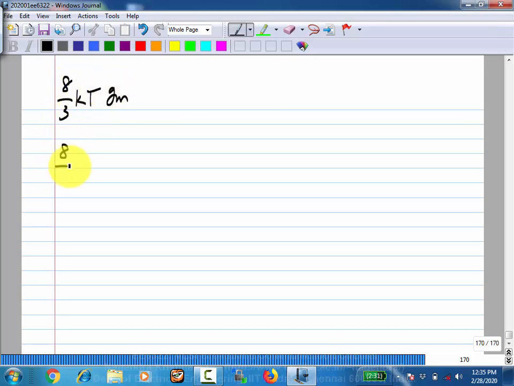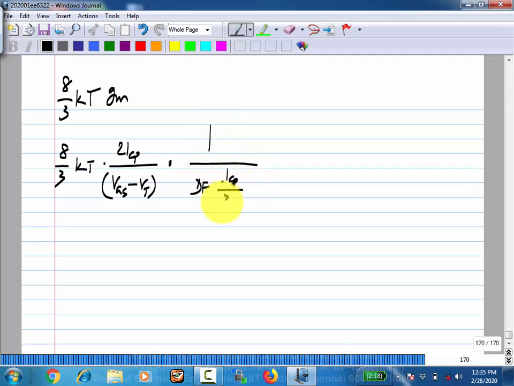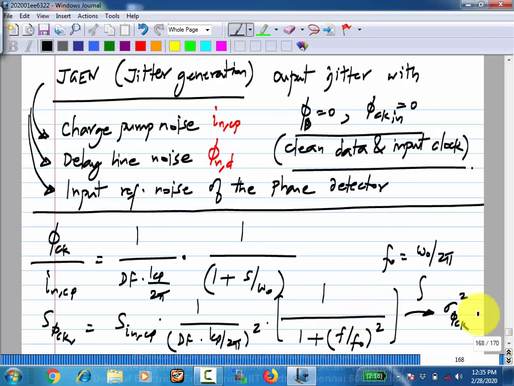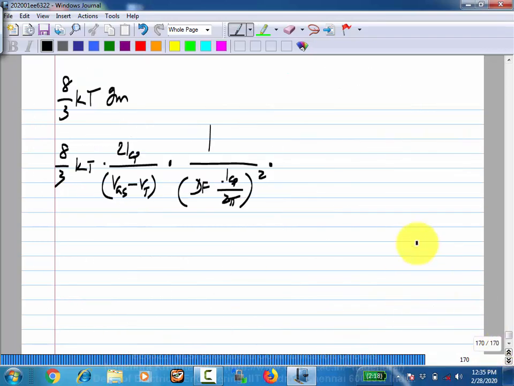By the way, this itself is 8/3 kT times 2 times the current divided by VGS minus VT times, first of all you have this factor, okay, and then you have this transfer function.